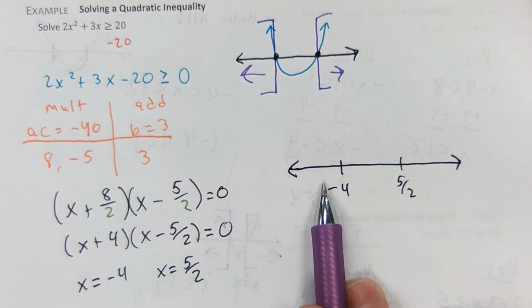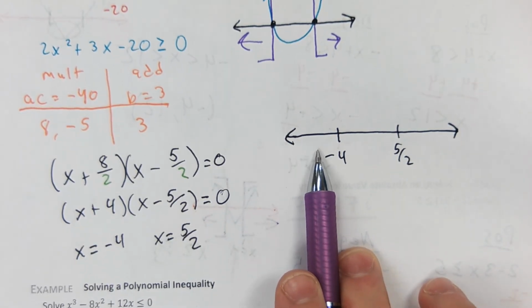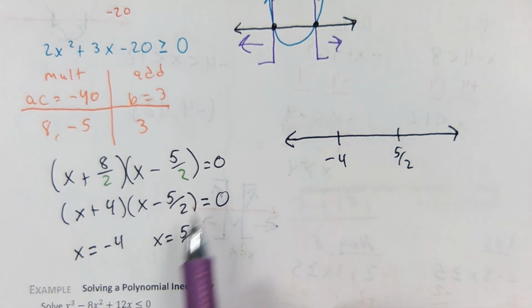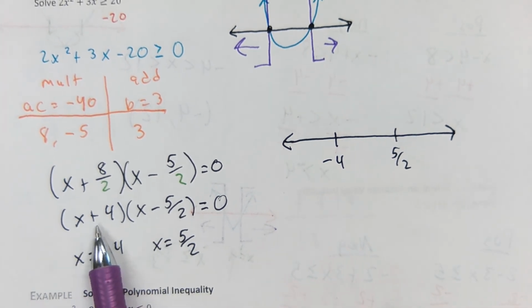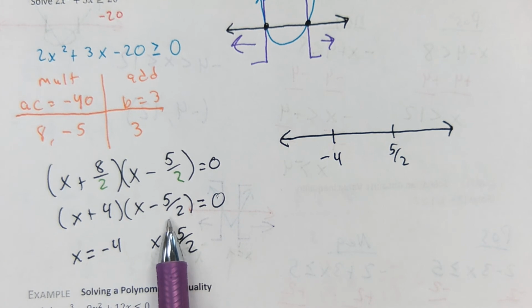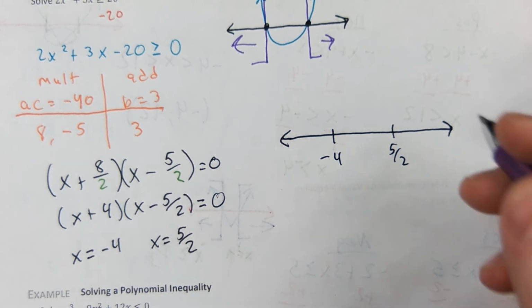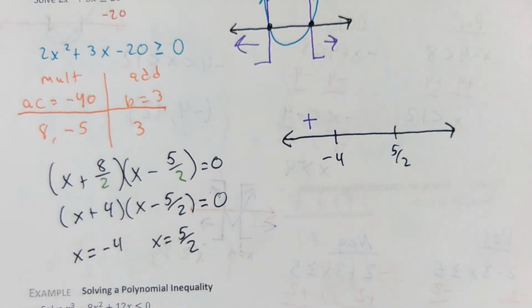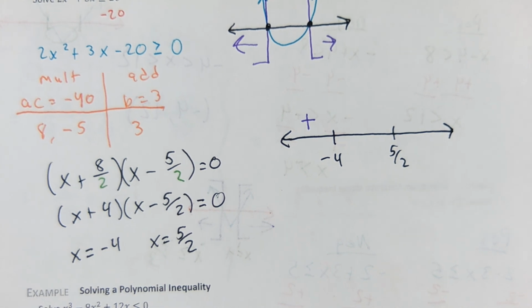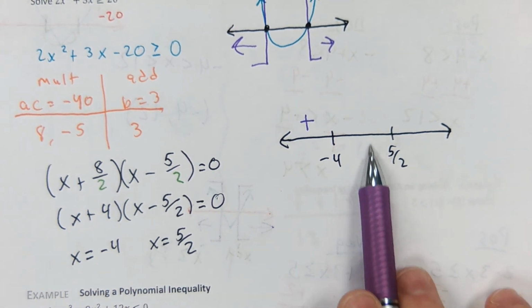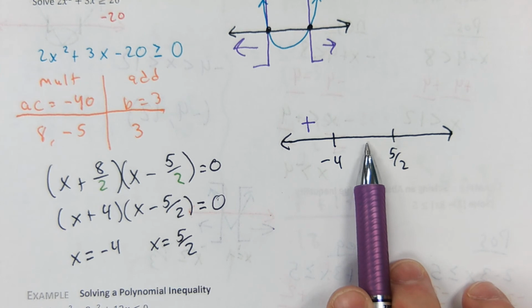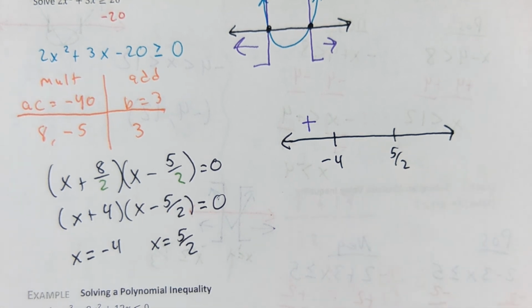Negative 5. Again, I don't care what the number actually is. I just want to know, is that going to be positive or negative? 5 plus 4 is positive. 5 minus 2.5 is positive. Multiplying two positive numbers, positive result. My favorite representative lands here. x equals 0. Wait, wouldn't that be a negative? What did I say?